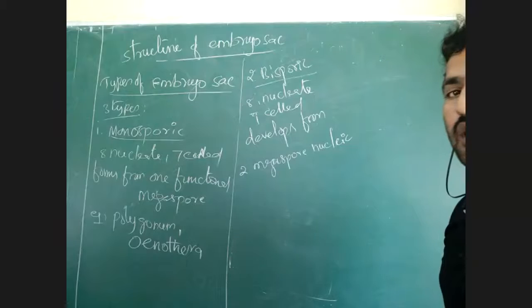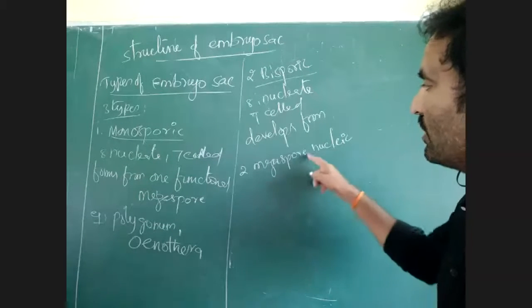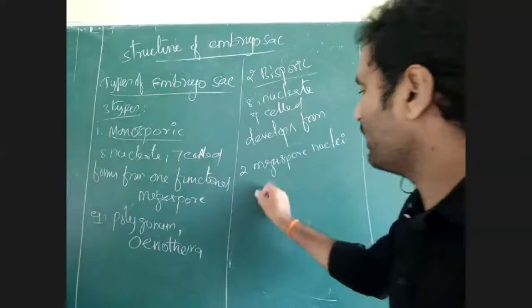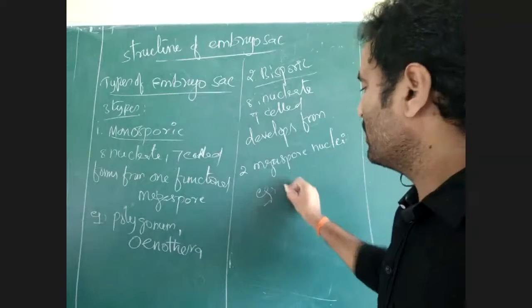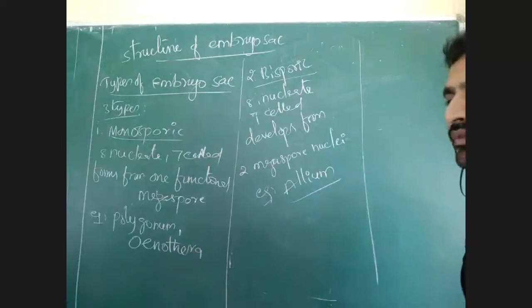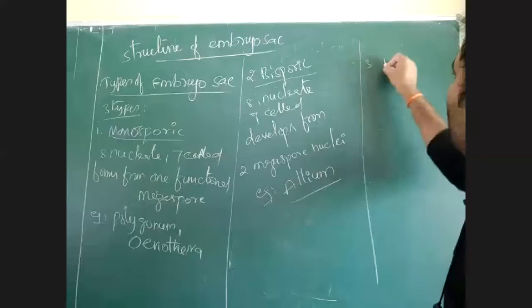This bisporic embryo sac we can observe in Allium cepa, Allium sativum, garlic and onion.